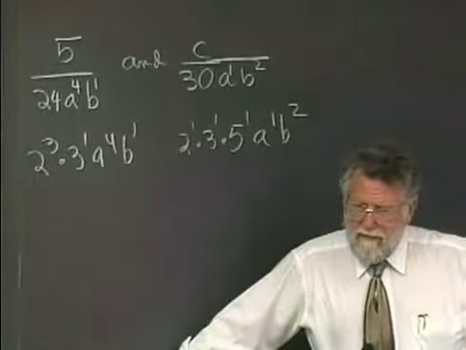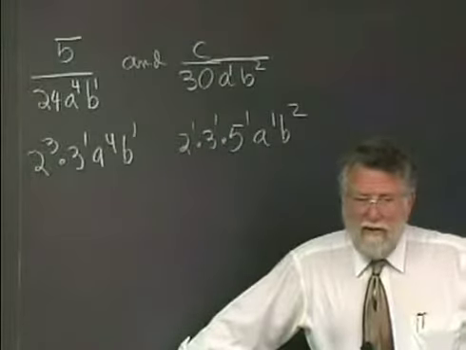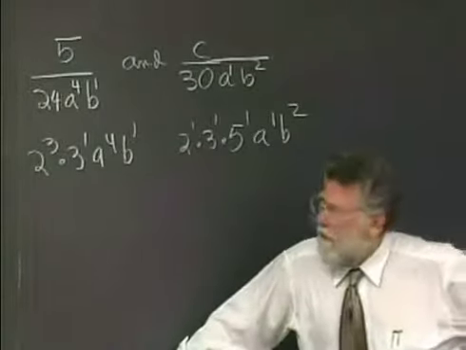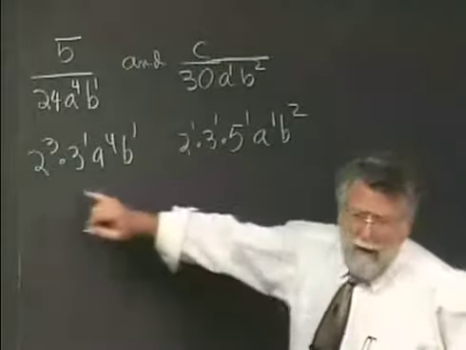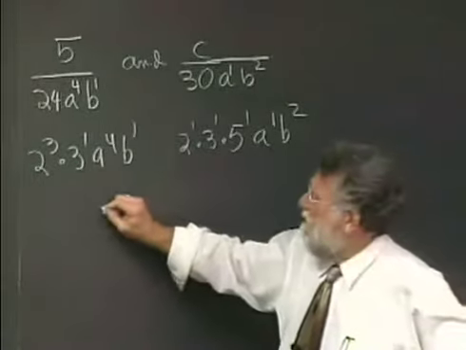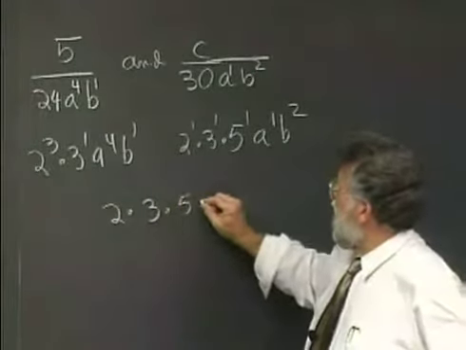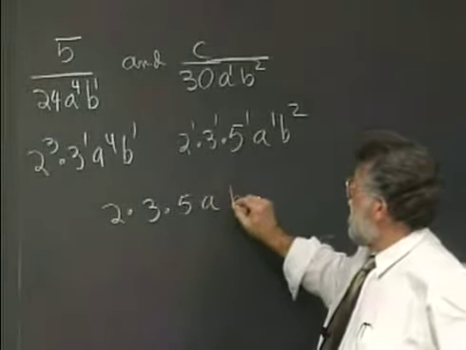Marisol? You sure? Okay. What are the primes I see here? 2s, 3s, 5s, A's, and B's. So 2s, 3s, 5s, and A's and B's.